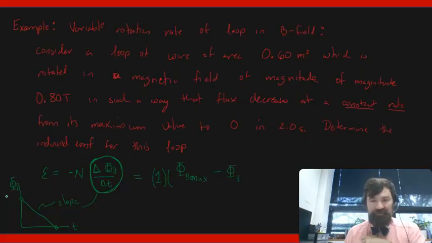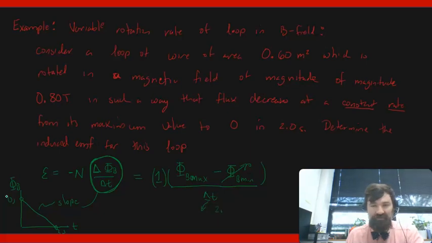So this is B minimum, which is itself 0, divided by the delta time. And the delta time, for what it's worth, is, let's say this is 2 seconds and this is 0 seconds. So this would be 2 seconds minus 0 seconds.